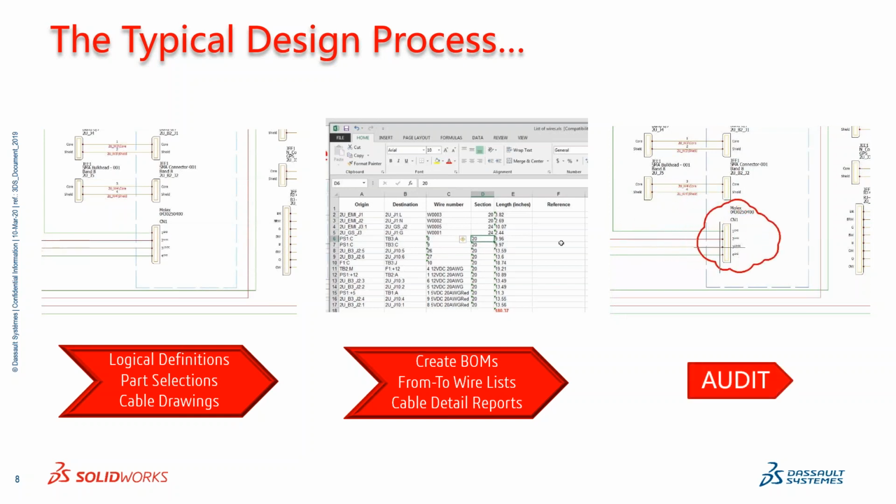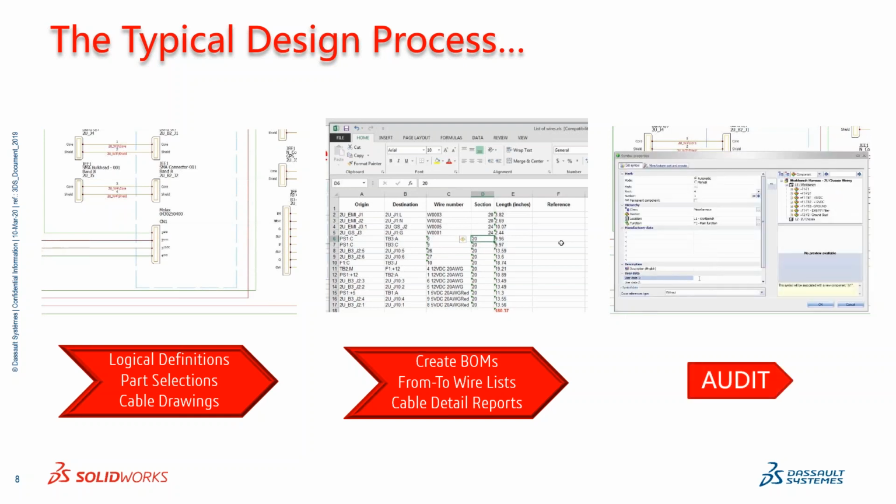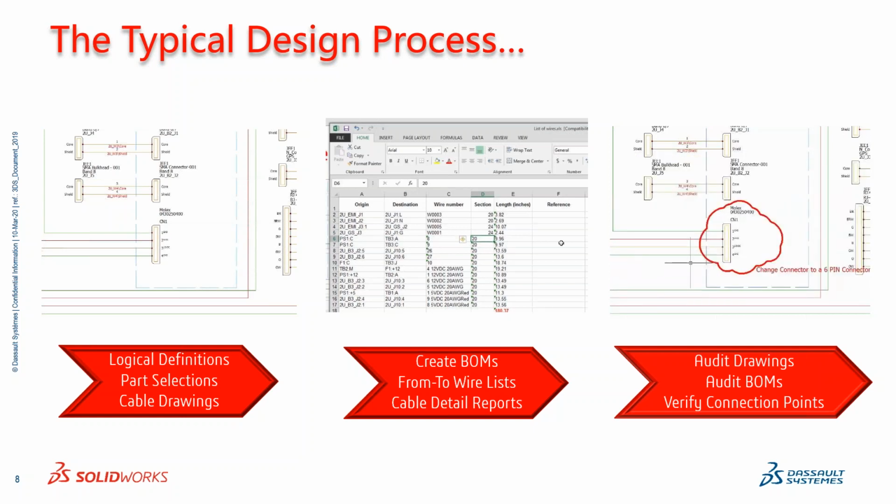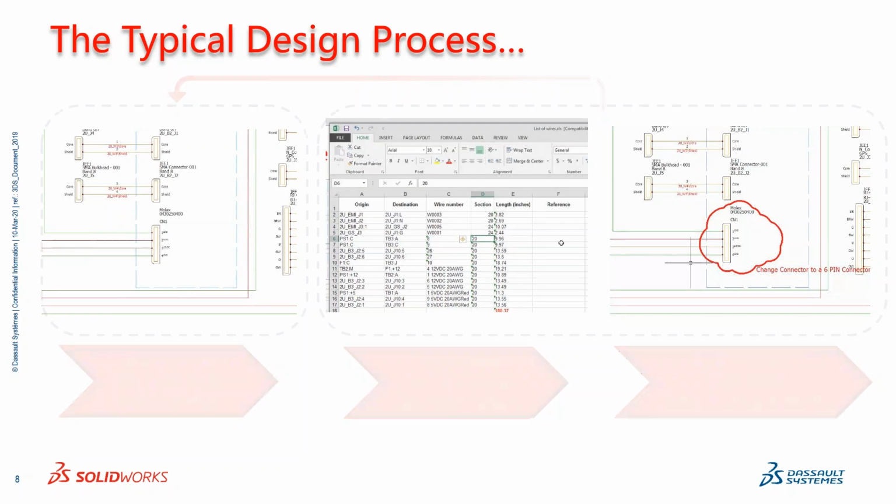From there, they have to go back in and audit everything and second check to make sure all that information is correct. And if there's a change, well, that cycle continues and you have to make that change. Then you have to go back and check your spreadsheet and re-audit it. I call it the vicious cycle. You almost never end. You're always doing the same cycle over and over again.